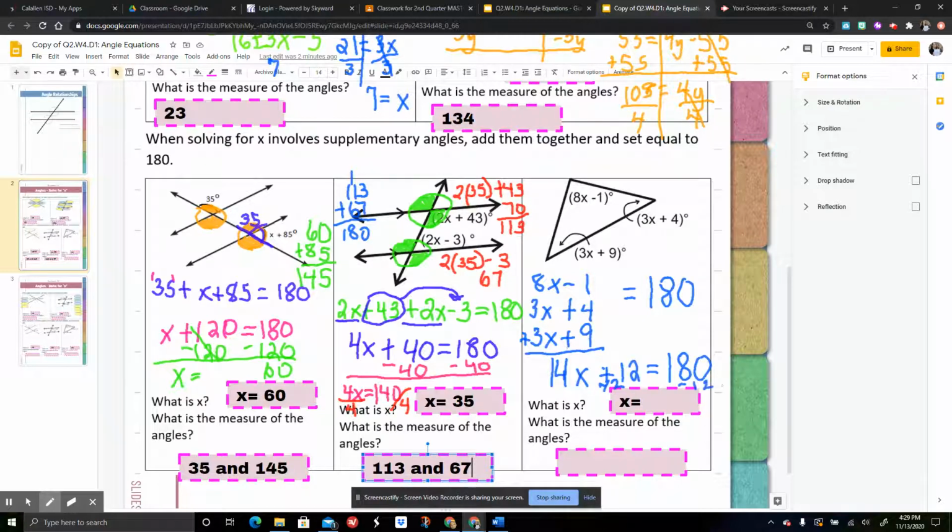And 180 minus 12 is 168. So I have 14x equals 168. And when I divide by 14, I'm left with x equals 12. So my x is 12.